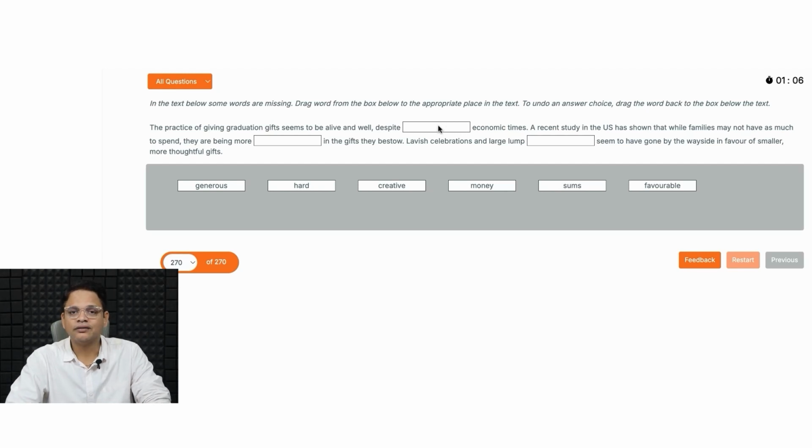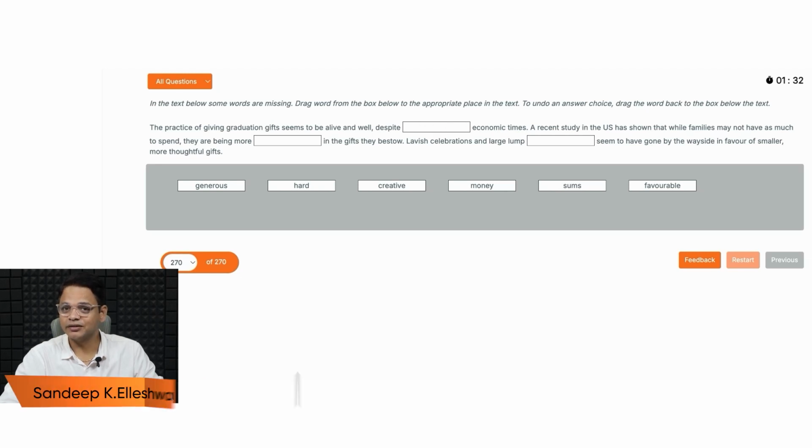So guys, as you have learned in the classes, every blank is nothing but a missing word. It is a missing word in a sentence, right? So to identify that missing word, we have to understand the sentence a little bit. Okay, so the practice of giving graduation gifts seems to be alive and well despite blank economic times. Economic times is there, so what are we expecting here?